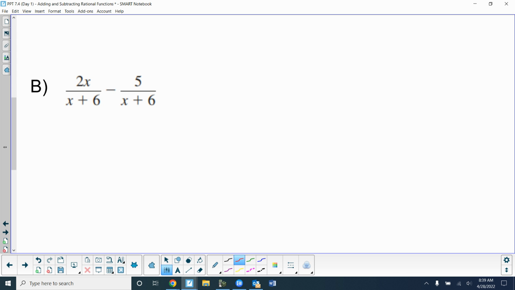Got a common denominator then, right? So, what's 2x minus 5 equal? Are they like terms? No. So it's just 2x minus 5, right? Yeah. So it's 2x minus 5x, then it's negative 3x, right? So those aren't like terms, so you just write 2x minus 5 over x plus 6, right?